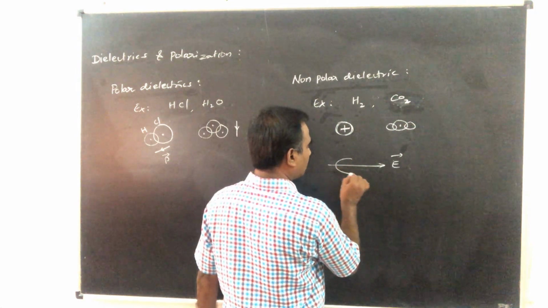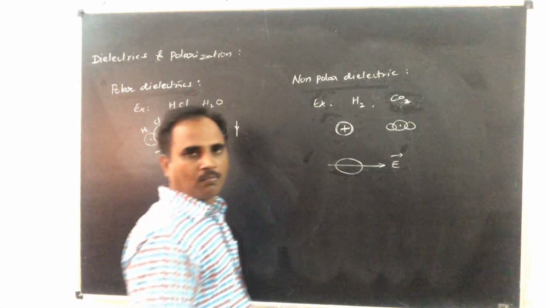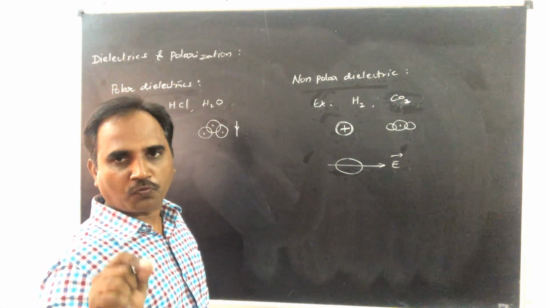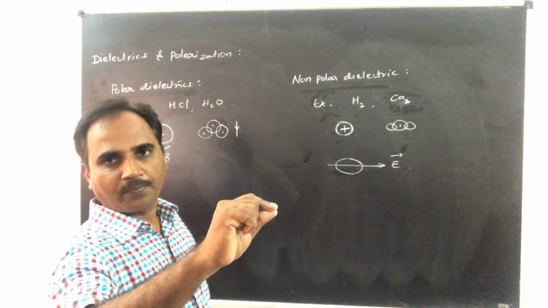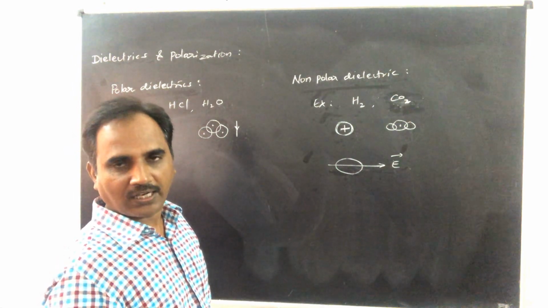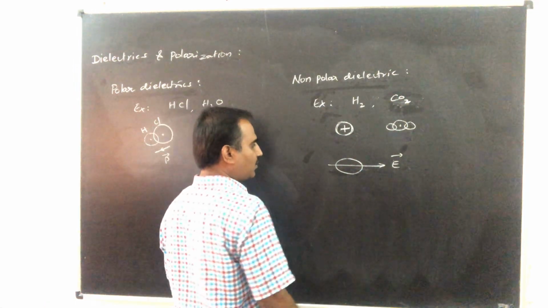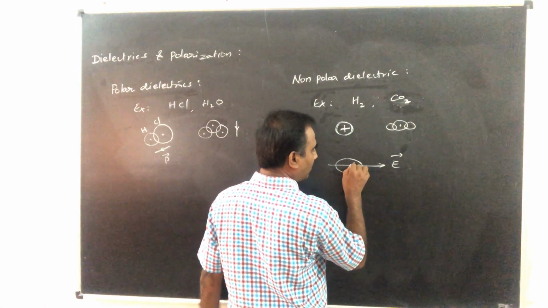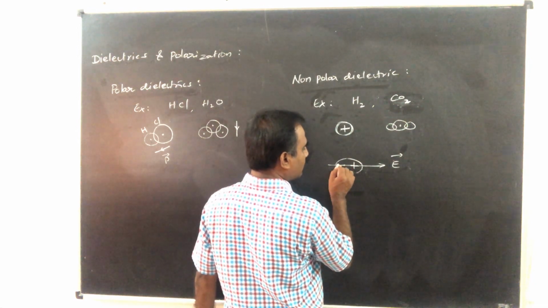Because you learned that in an electric field, a positive charge experiences force along the direction of electric field, negative charge experiences force opposite to the direction of electric field. Because of this, the positive charge gets displaced in this direction, negative charge gets displaced in this direction.